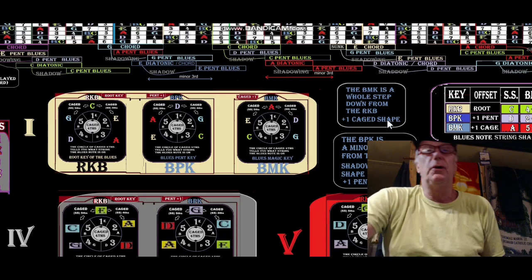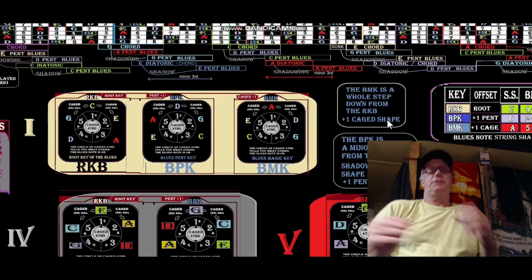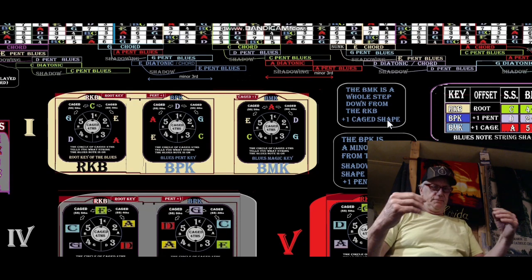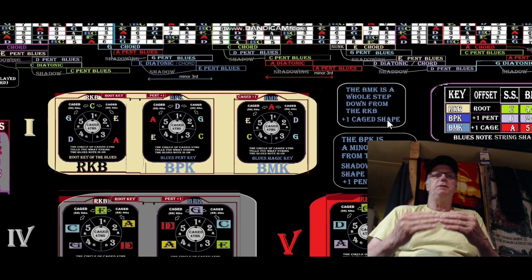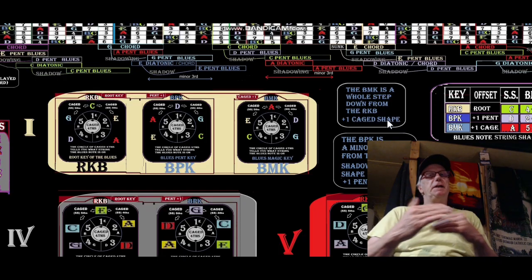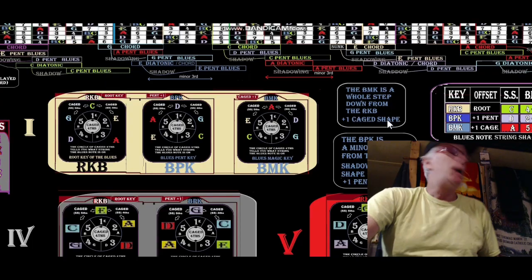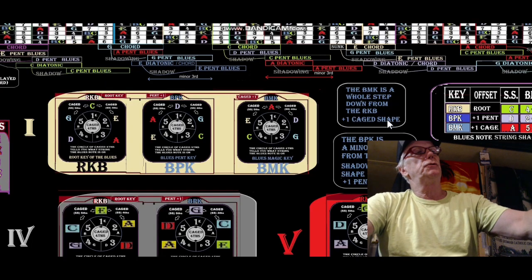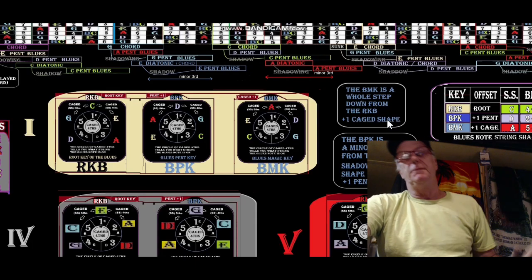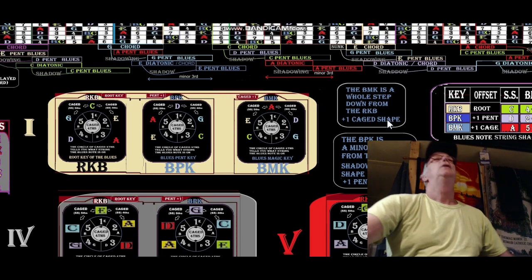I wouldn't make a cold, hard connection between one shape up and a whole step, because it may not match up exactly like that. But the bottom line is it is. Here's root key of the blues. Here's the blues magic key. Note for note, it is a whole step down. Okay, so let's look at that.